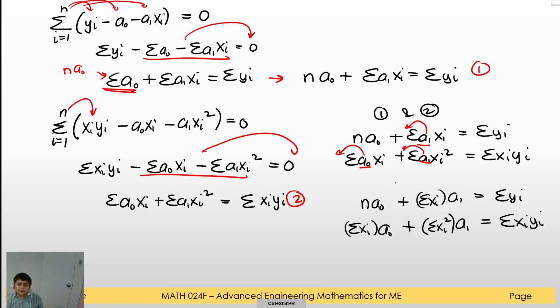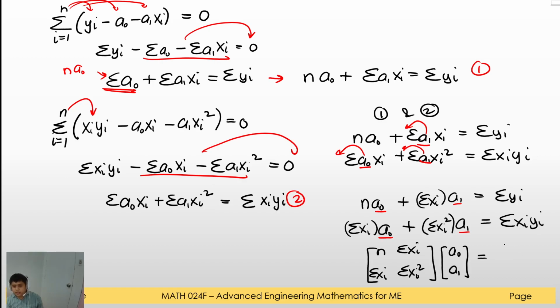So as we can see here, does this look familiar? We have a system of linear equations that has unknowns a naught and a1. So we can rewrite this in matrix form: n, the summation of xi, the summation of xi, the summation of xi squared, and then the unknowns a sub 0 and a1, and then the summation of yi and the summation of xi yi.